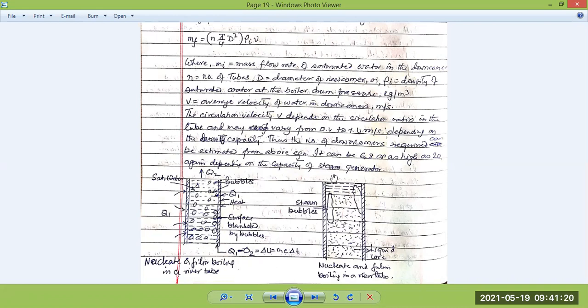This portion becomes the liquid water itself, at the top of the riser. The riser now absorbs heat from the furnace.